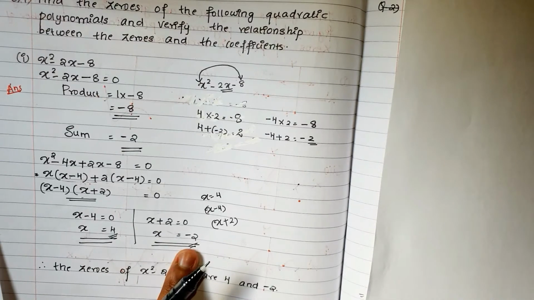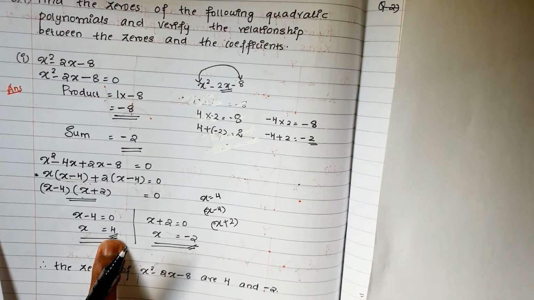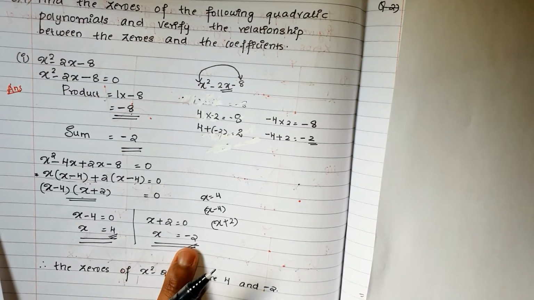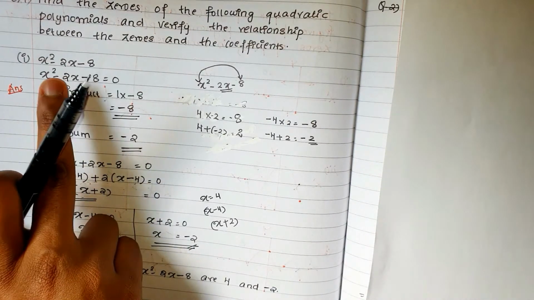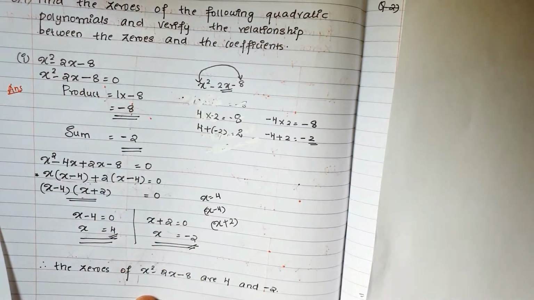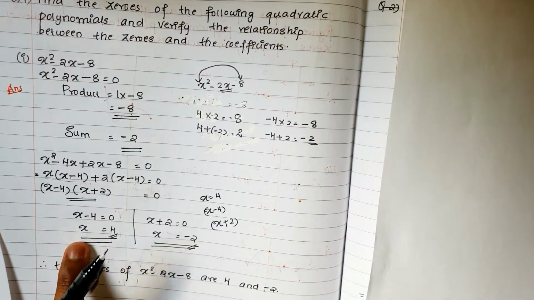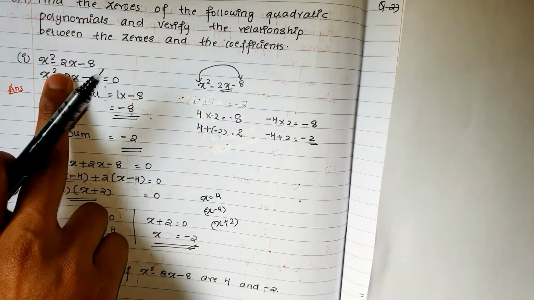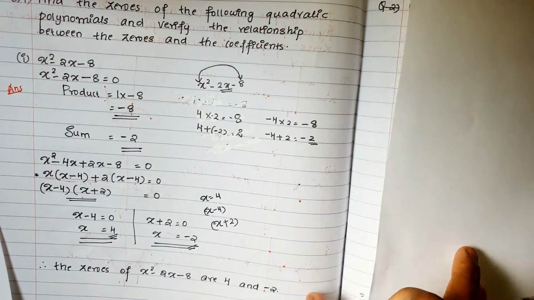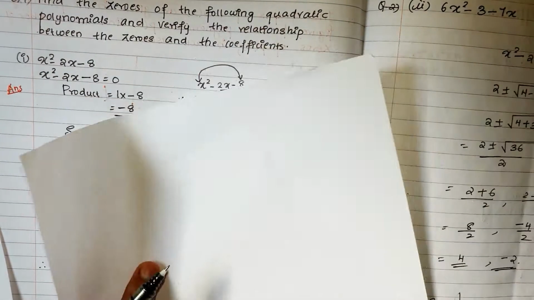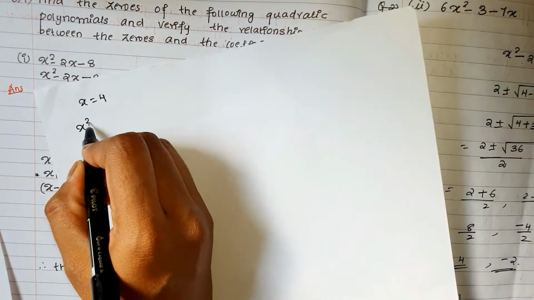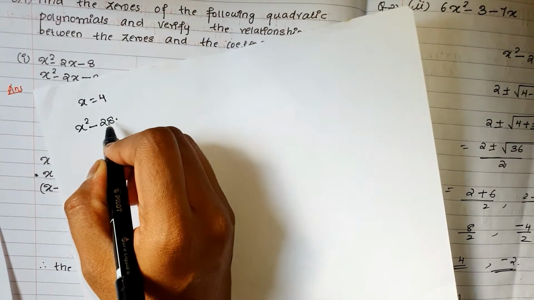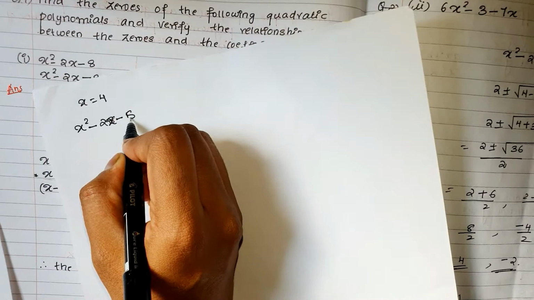What is the meaning of this? If we put 4 and minus 2 in this particular equation, the value of the equation will be 0. That is the meaning of it, which means that these values will satisfy this particular quadratic polynomial. So let's try one. Here the value of x is equal to 4. The question is x square minus 2x minus 8.